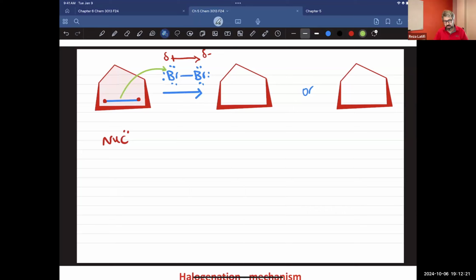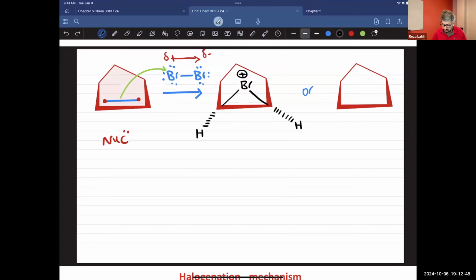And what do I get? I get a bromine somewhere here, attached to 2 carbons, and this bromine will have a positive charge. Remember, each of these carbons has a hydrogen. Now, if the bromine is attached from the top of the ring, the hydrogens go down, so I'm going to put the hydrogen down there.